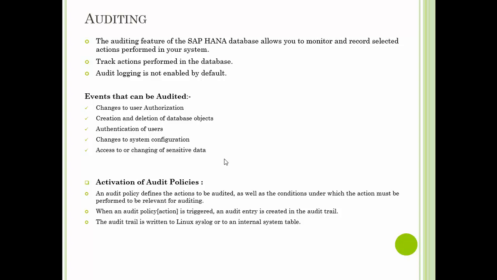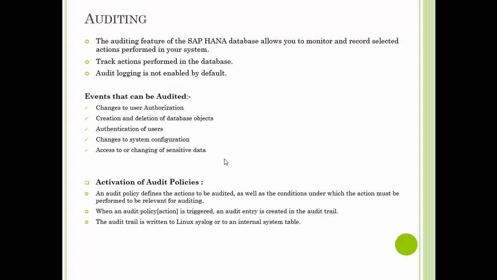And the log for audit, as I said, is done along with the syslog, the Linux operating system logging system, which is a secure storage location for the audit trail because not even the database administrator can access or change it. That's the reason it is stored there. And this auditing can be configured in SAP HANA Studio or using SQL statements. Note, auditing can be enabled and disabled for the entire database, not for individual objects or schemas.